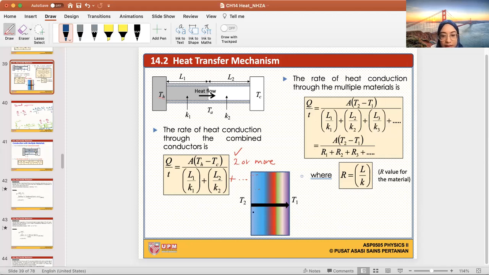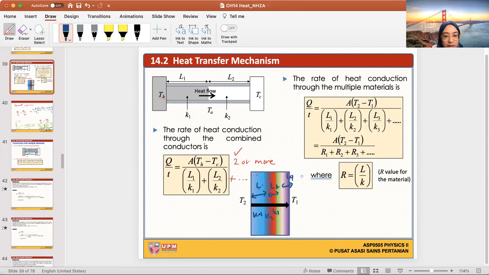Okay, so this guy K1, this guy is K2, K3, K4, blah, blah, blah. As you can see here, the L are different. The L's are either shorter or longer. It's something that you need to be aware of. Okay, this is L4. Tak kisahlah, korang tahulah K1 lain, K2 lain, L1 lain, L2 lain, so on. And then you just plug it into this equation depending on the material.